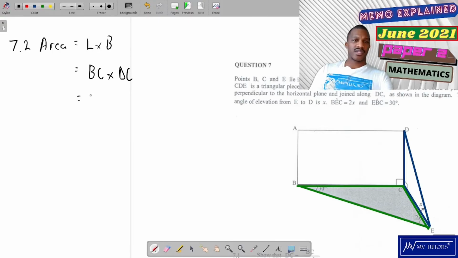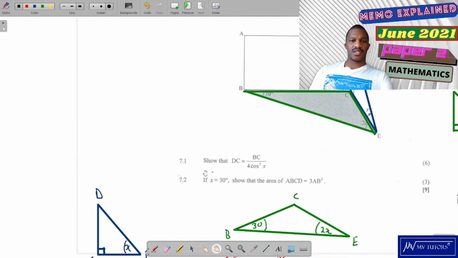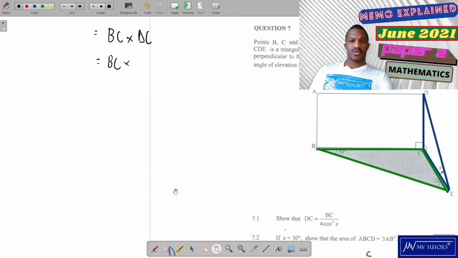BC, well, let's keep it as BC. DC, we solve for DC in terms of BC, or just use the one that's been given in the question. That one, it's actually BC divided by 4 cos squared x.